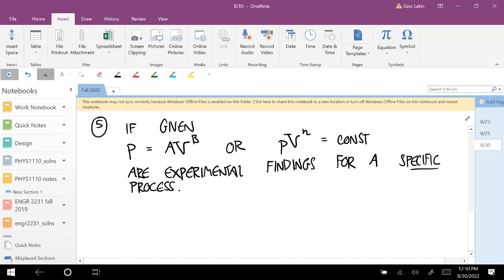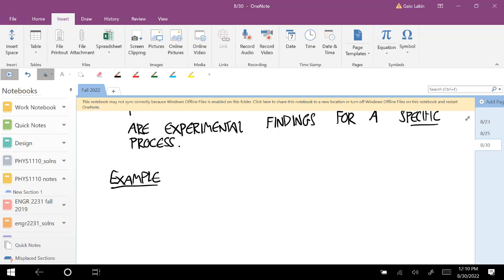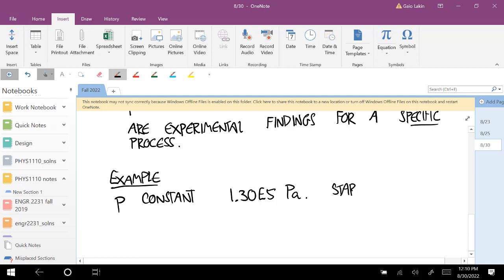Okay, so now we're just going to do a few example problems with the first law. So the first one. Let's say the gas pressure is constant at a pressure of 1.3 times 10 to the 5th pascals. It starts at a volume of 0.35 cubic meters.